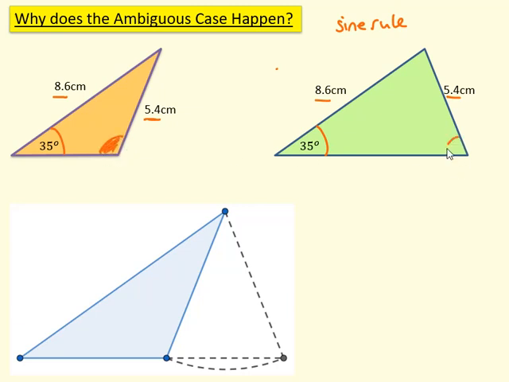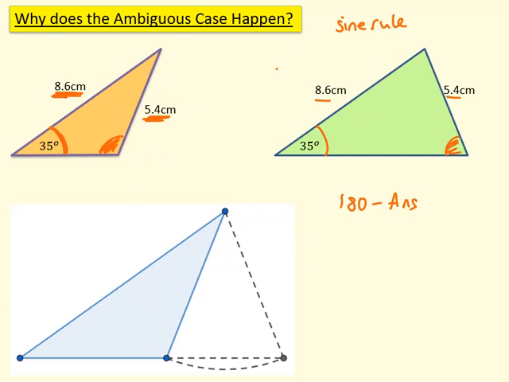Okay, this is what's going on in the sine rule, and why you sometimes need to do 180 take away the answer that you found on the calculator. And this is why it happens, okay? It's because this side is shorter than this side, and this angle is acute, okay? And this is what happens, okay?